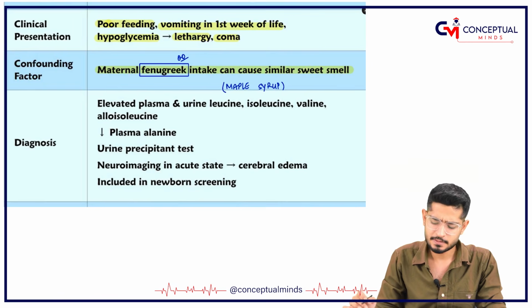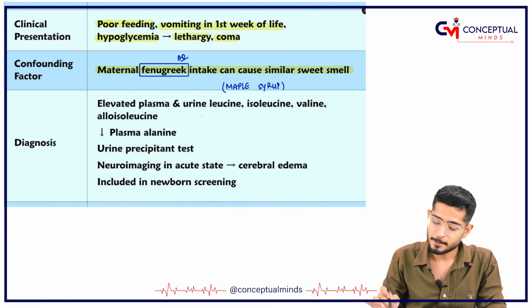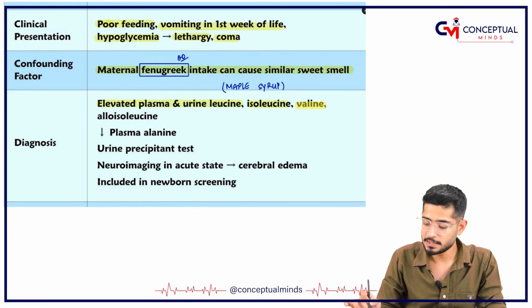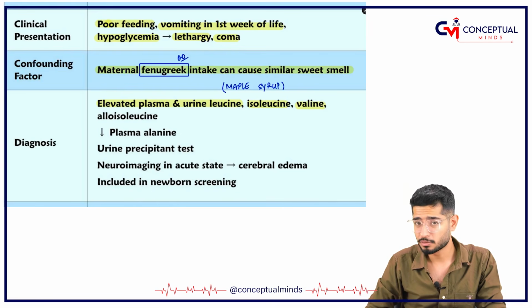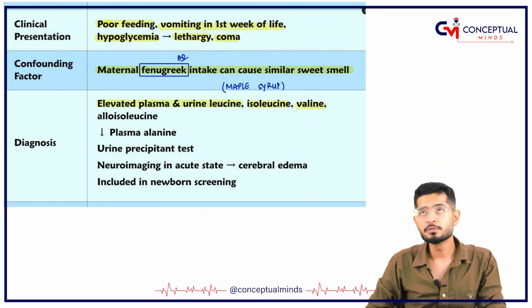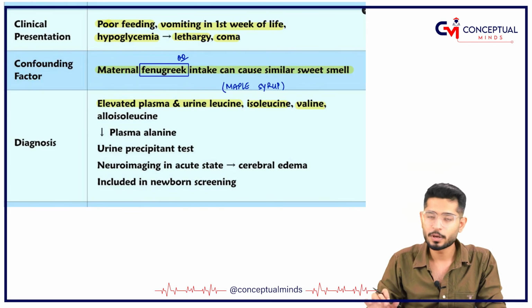So how will you diagnose? It's very simple. In order to diagnose, you will see elevated plasma and urine levels of leucine, isoleucine, valine. All these are going to get excreted in the urine also. So people say, sir, if they are excreted, then why are they accumulated?